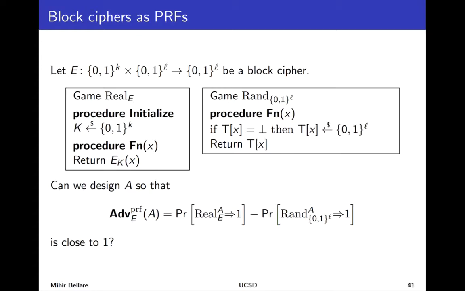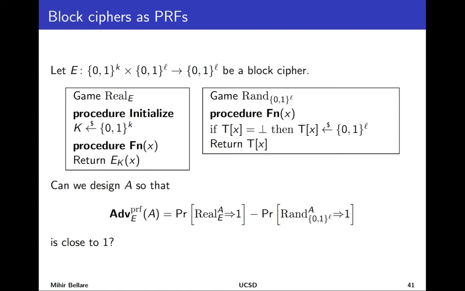What does that mean? We can look at the games. We know that for any adversary A, there's an advantage that can be computed. Can you come up with an adversary that has a non-trivial advantage? It does something that manages to distinguish whether it's talking to E sub k or to a random function. So remember, this adversary has access to an oracle fn.